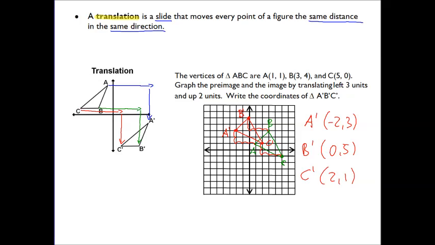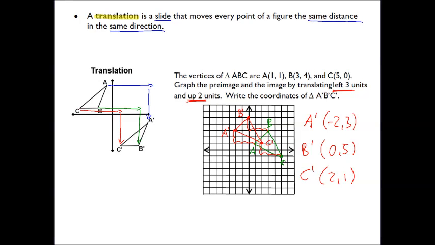And if you look a little closer at our coordinates, the x-coordinates have been achieved by subtracting 3 from each one of our original x-coordinates. That's what left 3 means. And the y-coordinates have been added by 2 because we moved the triangle 2 steps up.